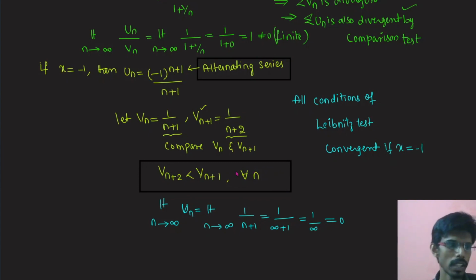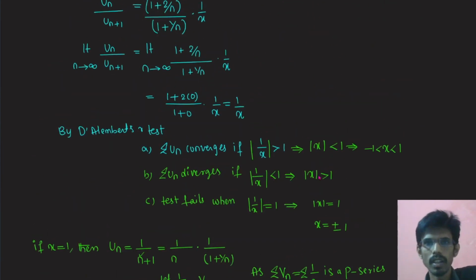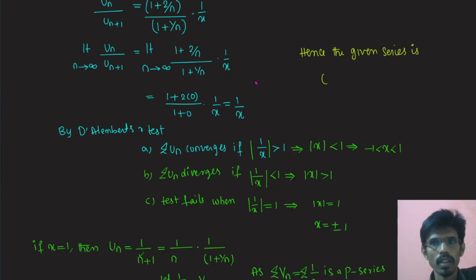So from this I can say, hence we say that the given series is convergent for the interval, convergent for x greater than minus 1.